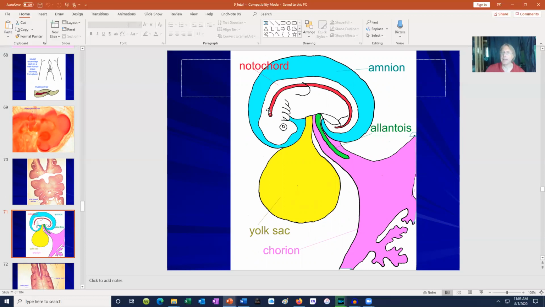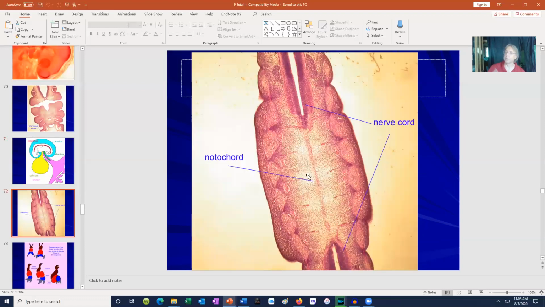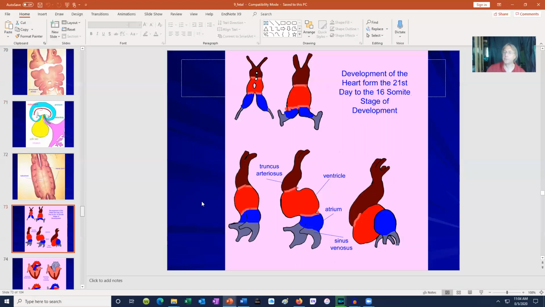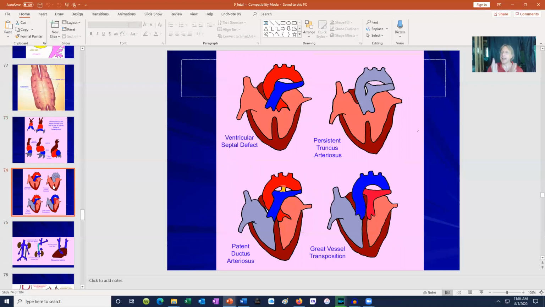And so there can be issues there. The notochord can persist in some individuals. Some individuals may actually even have cancer of the notochord. The heart forms as a modified version of a fish heart, and as it divides from that ancestral condition to the derived condition, there are a number of birth defects which are possible, some quite serious.